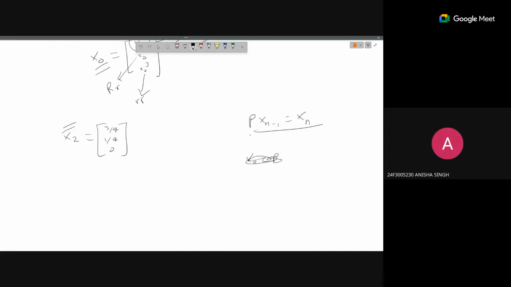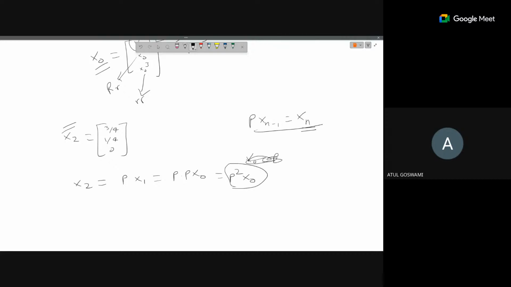No sir, x2 is equal to P squared x0. Yes. So basically, we want x2 here. So we write P times x1, and then we write this P times x0. That is how we get P squared x0.